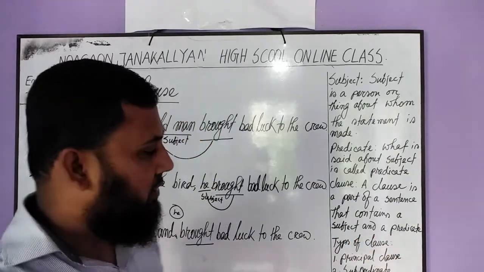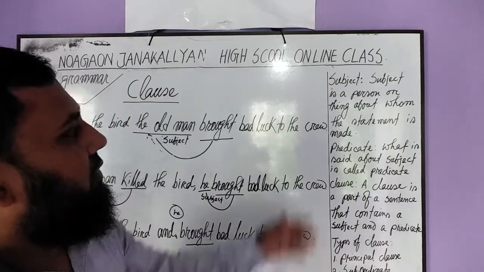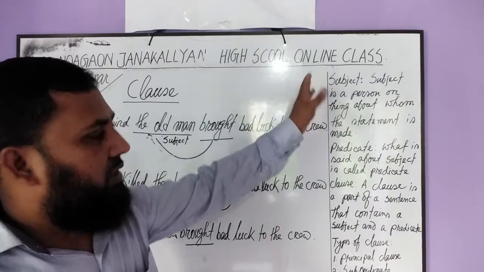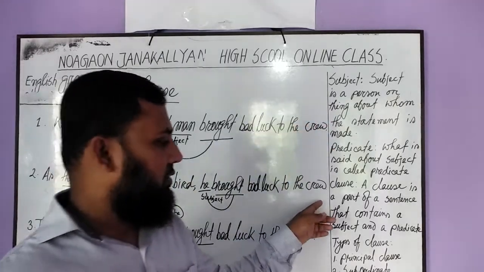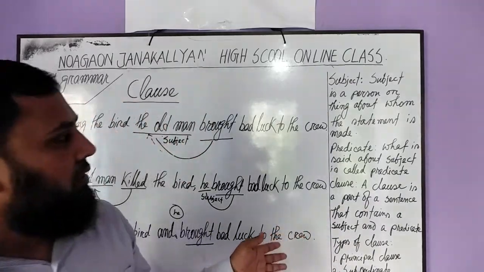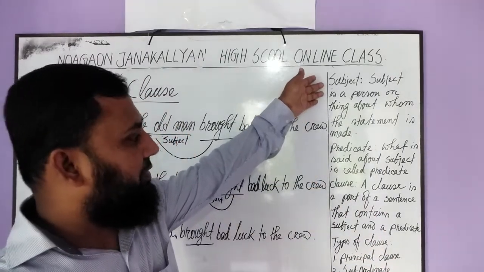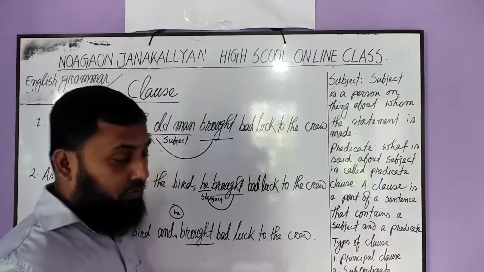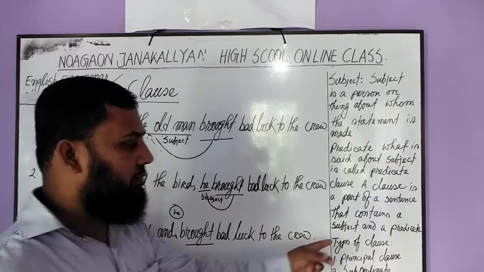Dear learners, I think you will understand why I want to give you the definition of subject and predicate. To understand the definition of clause, at first we have to know about the definition of subject and predicate. So the definition of clause is: a clause is a part of a sentence that contains a subject and a predicate.